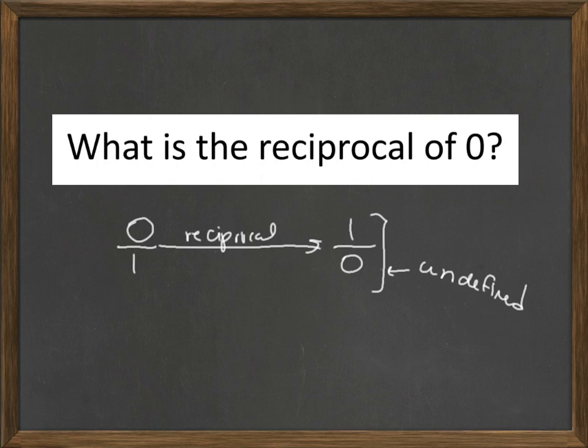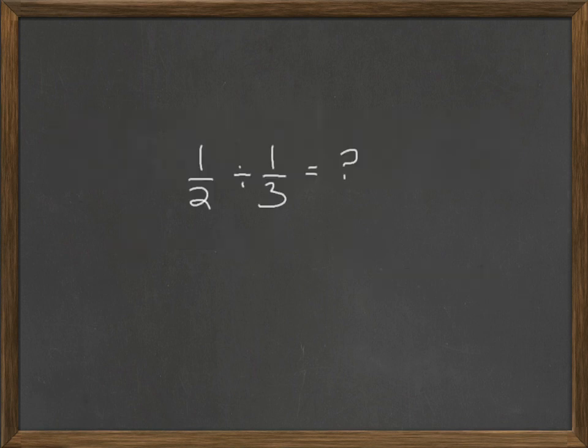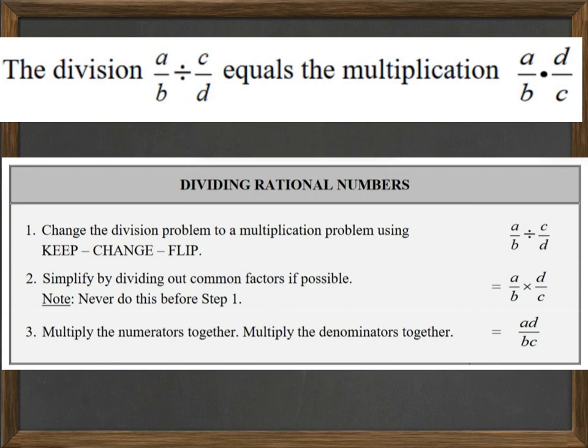Be careful about 0. Now that we've defined the term reciprocal, we can start learning how to divide two fractions. We have 1/2 divided by 1/3. Believe it or not, we don't have a direct method to evaluate this. We have to do it indirectly by first converting the division to multiplication.